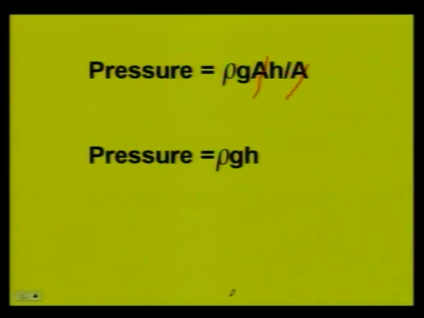When you cancel the areas, you come up with pressure equals density times g times height, where 10 is the factor given for g by that formula.